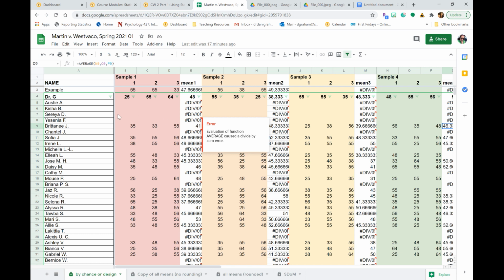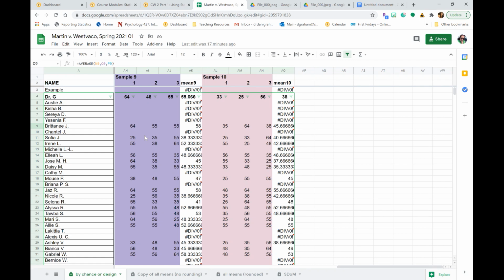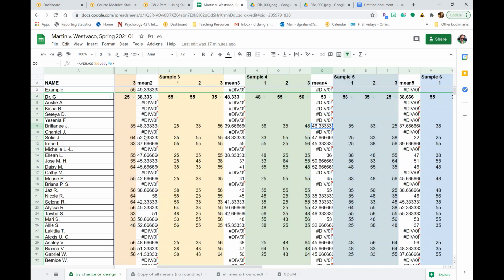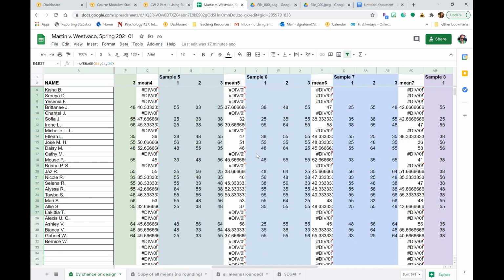Hopefully you had a chance to go through and do this simulation and put your 10 simulated samples in there and see that it calculates the mean for you. Okay, so here's all the data that we collected.